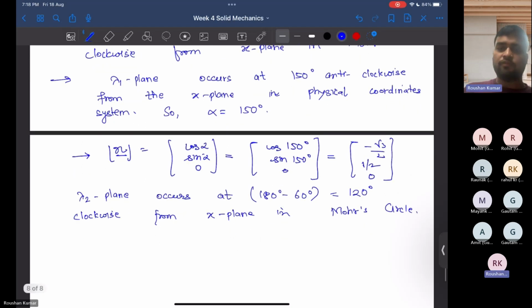So what does it mean in the physical coordinate system? In the physical coordinate system, the lambda 2 plane occurs at 60 degree, because it is half of the angle in the Mohr circle.